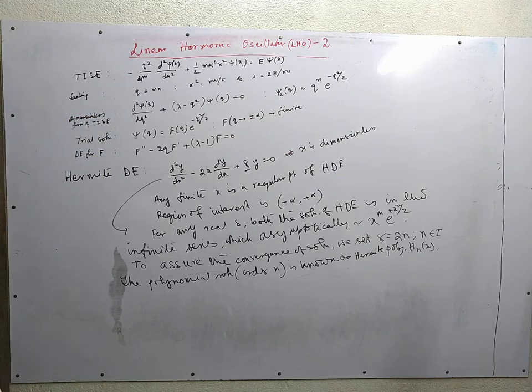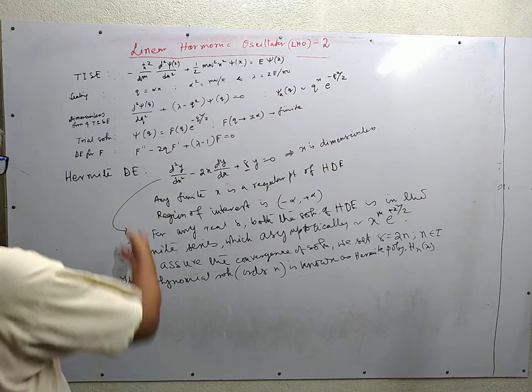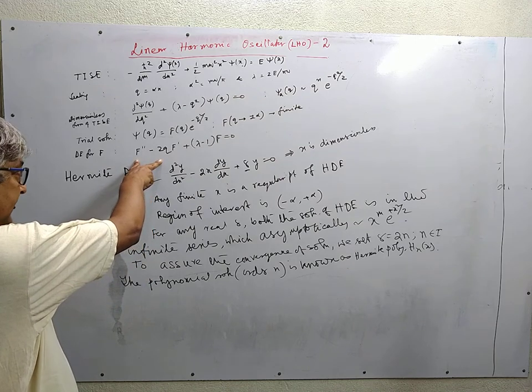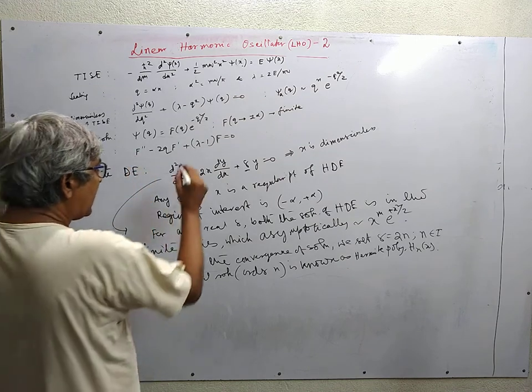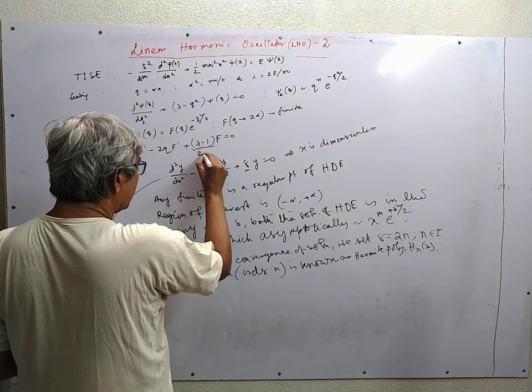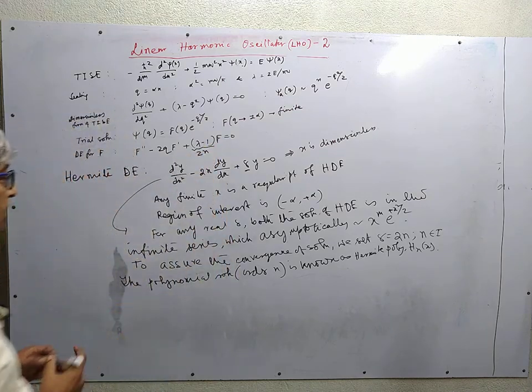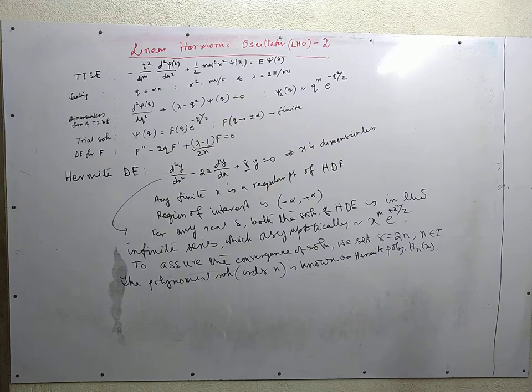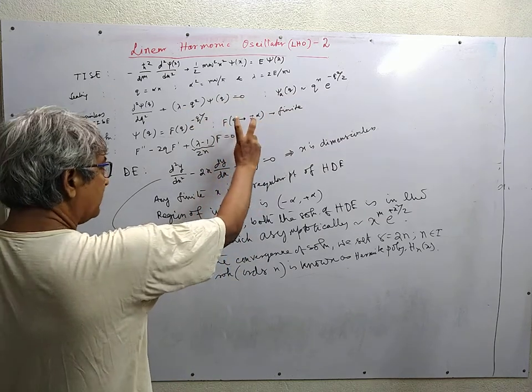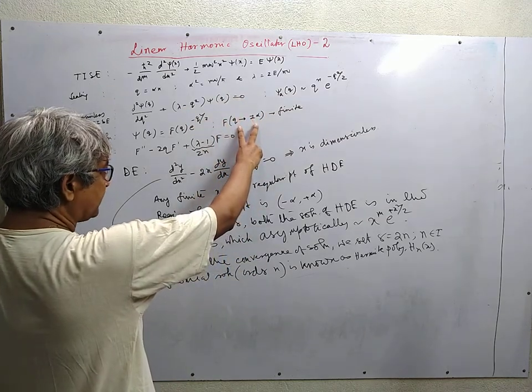So we conclude that if we want to have a finite solution of this problem, even in the asymptotic region, this part has to be an integer 2n. So the quantization in the quantum mechanical description of the harmonic oscillator comes from the property of the Hermite differential equation. This is the boundary condition, because the boundary condition is that f must be finite in the asymptotic region.